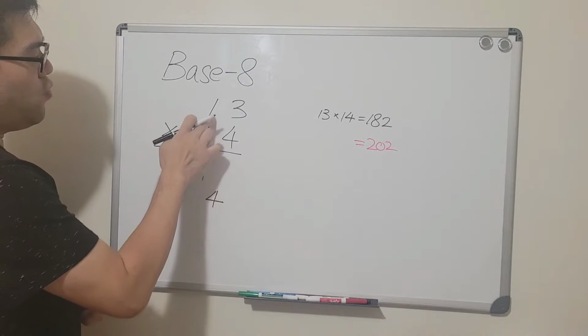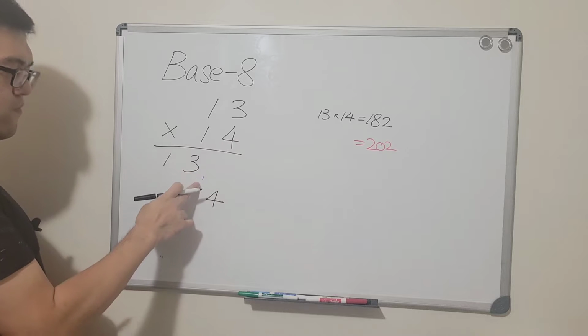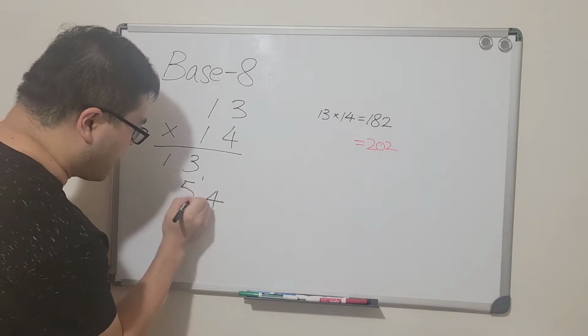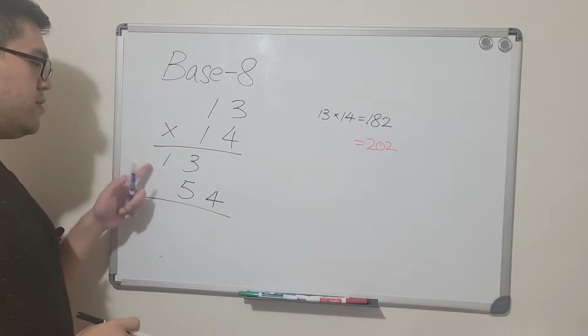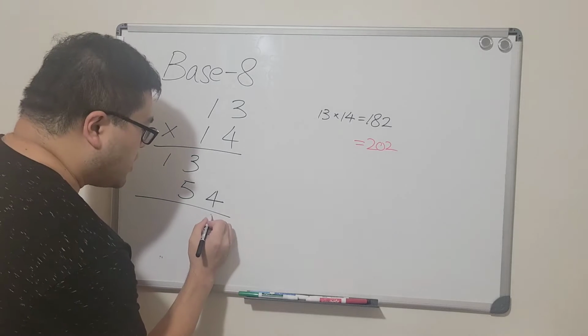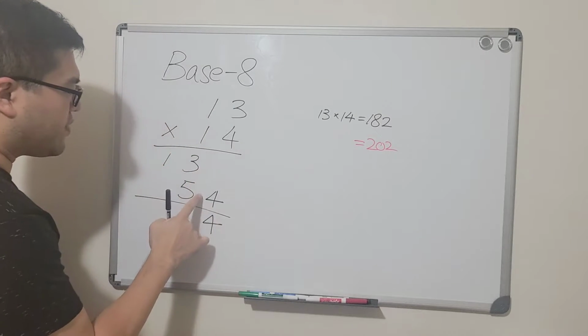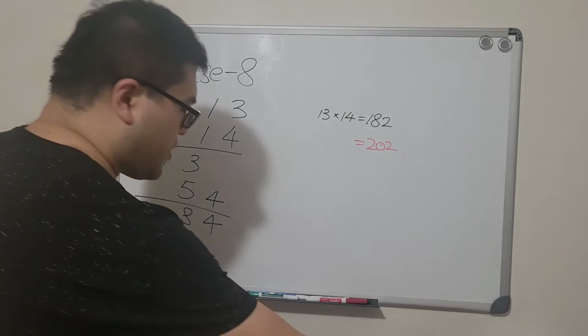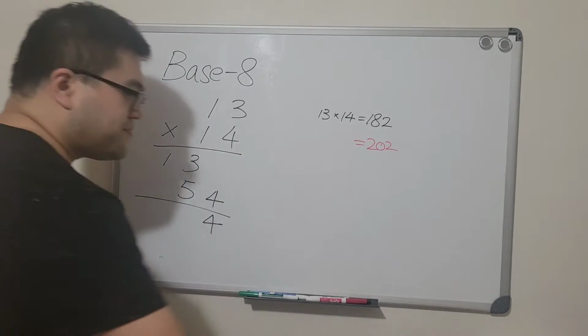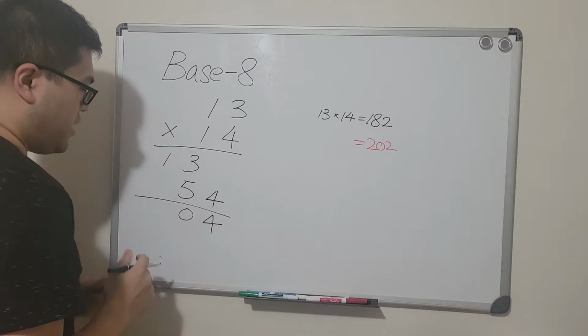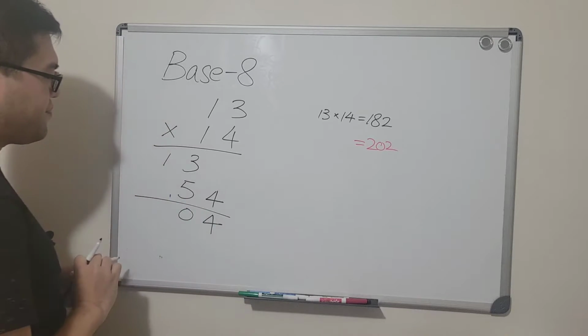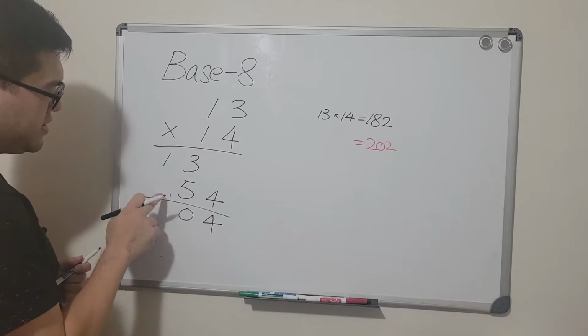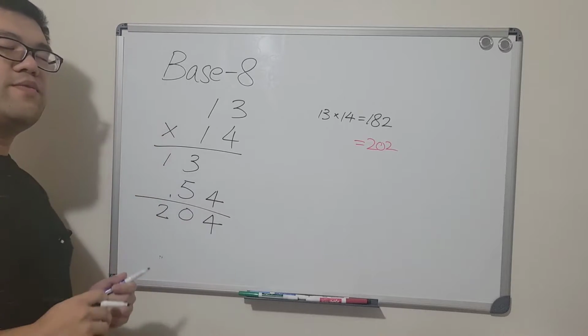Next, we have 1 times 4, which is 4, plus 1, giving us 5. Now we add the two numbers: 3 plus 5 is 8, which is 10, right, not 8, but 10. We carry the 1 here, and 1 plus this 1, we end up with 2.